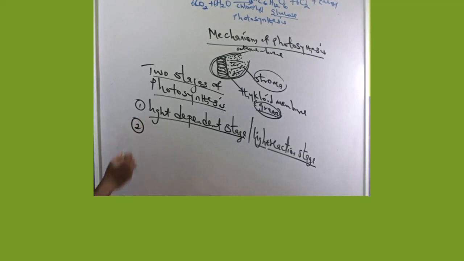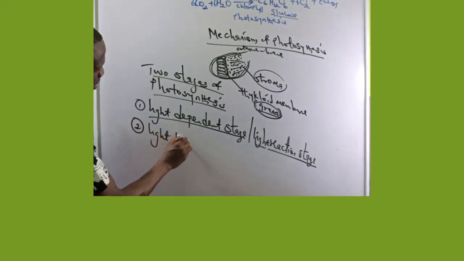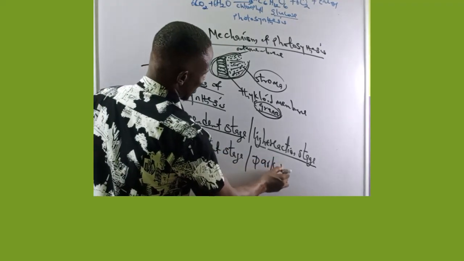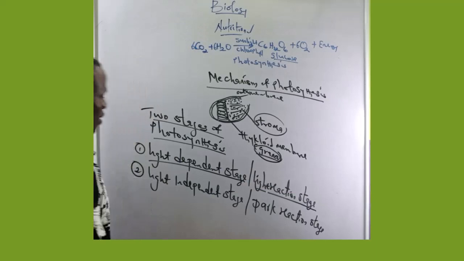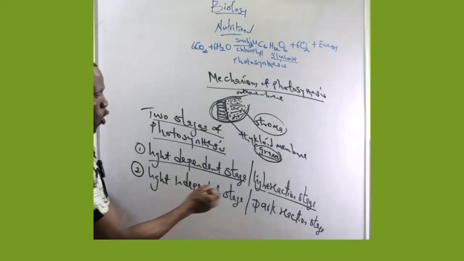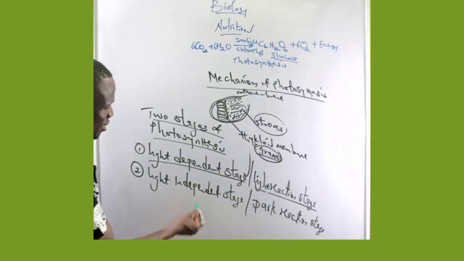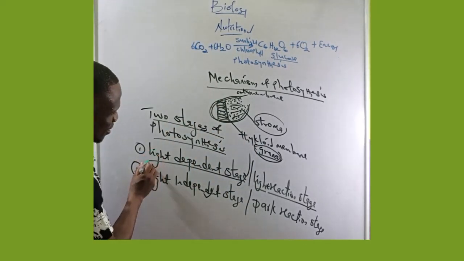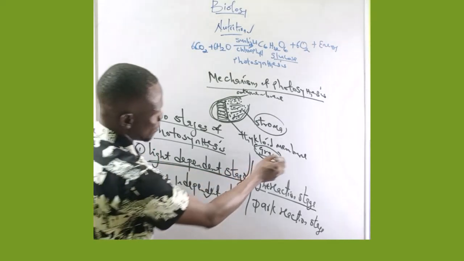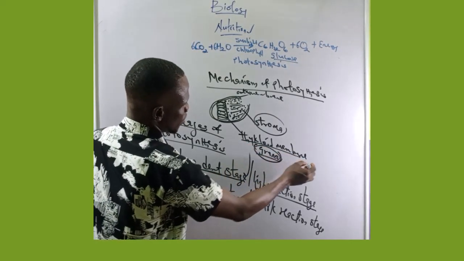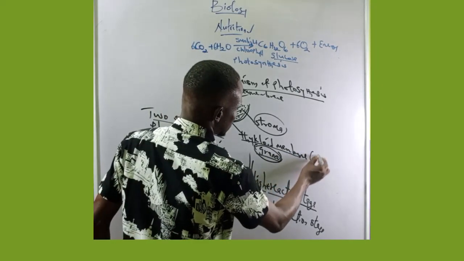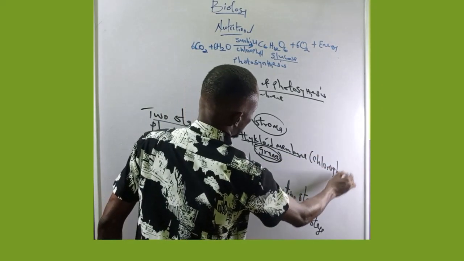While the second stage of photosynthesis is the light independent stage. Some still prefer to call it the dark reaction. However, it is better called the light dependent stage and the light independent stage. The light dependent stage takes place at the thylakoid membrane of the chloroplast, which contains chlorophyll pigment.